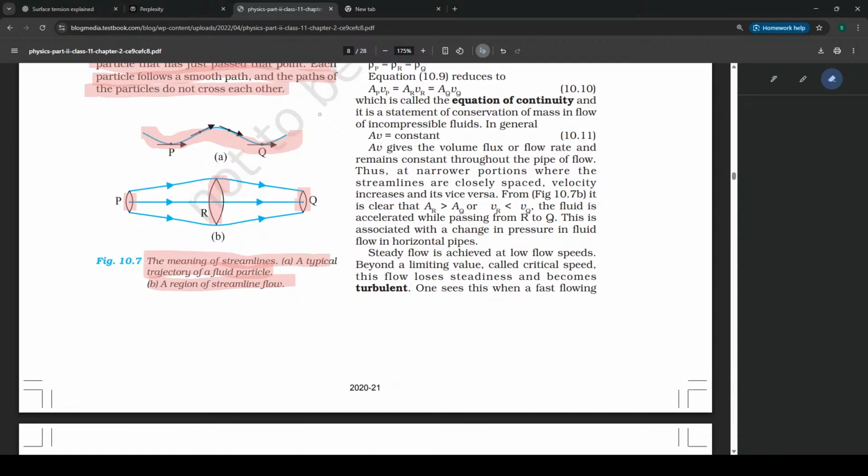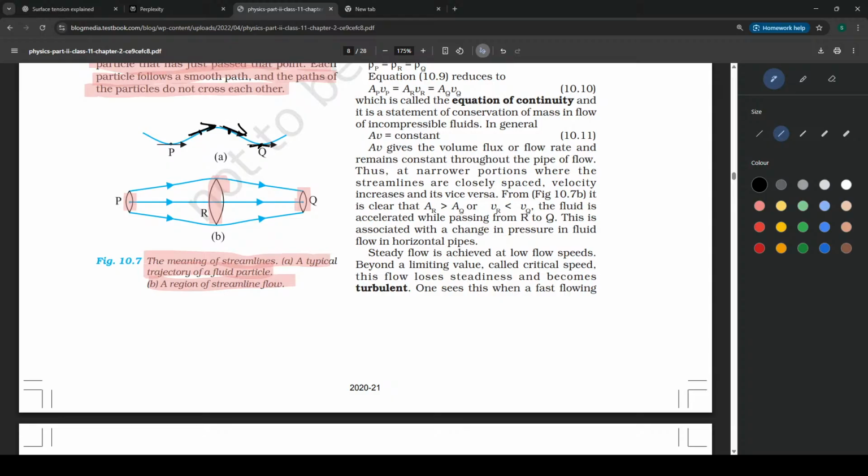Basically, here they showed the streamline, the meaning of streamline, a typical trajectory of a fluid particle. Here, this is the path of the fluid particle. If this is the path of the fluid particle, then here we take tangents like this. At this particular point, this is the direction of the streamline. At this particular point, this is the direction of the streamline.